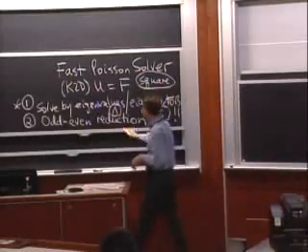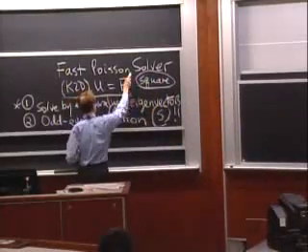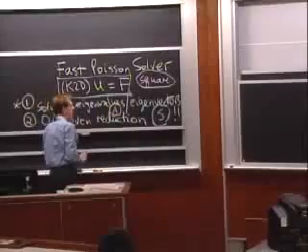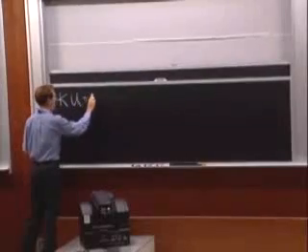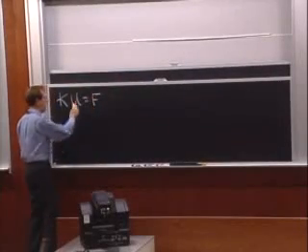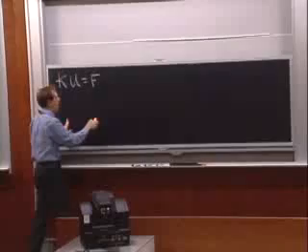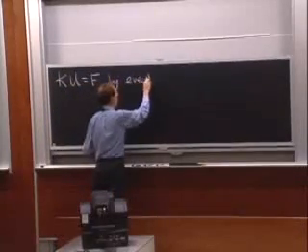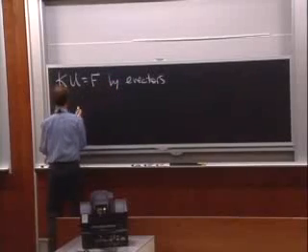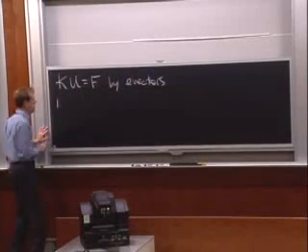So how can I use eigenvalues and eigenvectors to solve a problem like that? Let me just call it K rather than K2D. So KU equals F. By eigenvectors, there's 3 steps. Step 1.